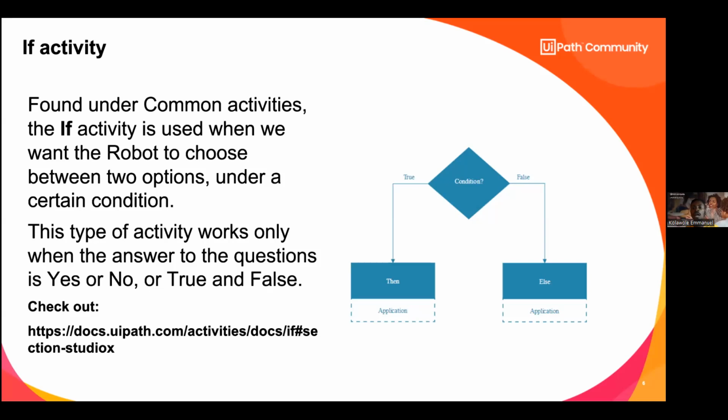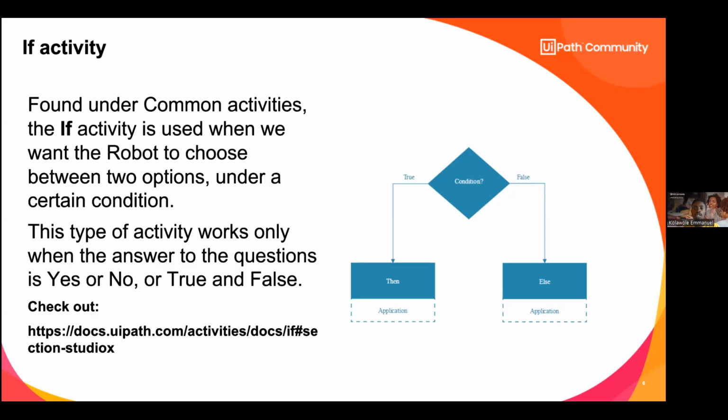Basically, when you feed the bot with a condition, the bot makes a true or false decision. Either it is true or it is false. If it is true, then the bot does this. If it is false, then the bot does the other one. So it's just normal decision making, giving it a condition to follow. If the condition is true, you want the bot to go through that route.